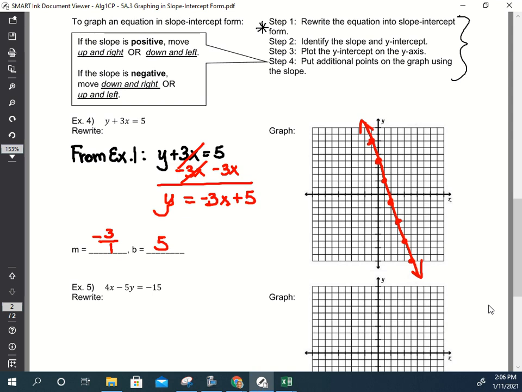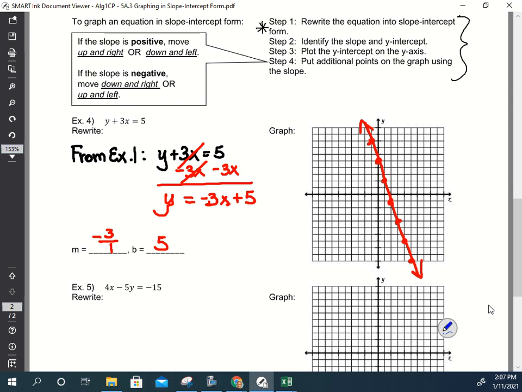So, example 4. Example 4 is already written there, so you don't need to copy it. I know if you printed it out, you probably already have it. Example 4 is just like example 1 from the front. So we subtracted 3x from both sides.